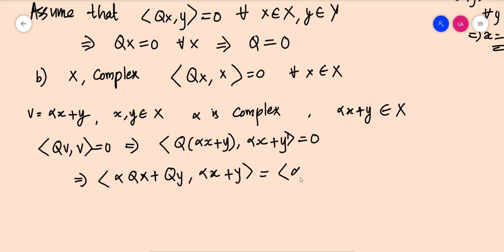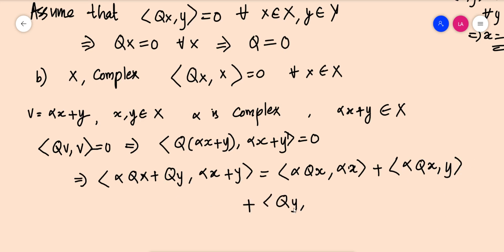Now this can be split as <alpha Qx, alpha x> plus <alpha Qx, alpha y>. Here it is Qy.